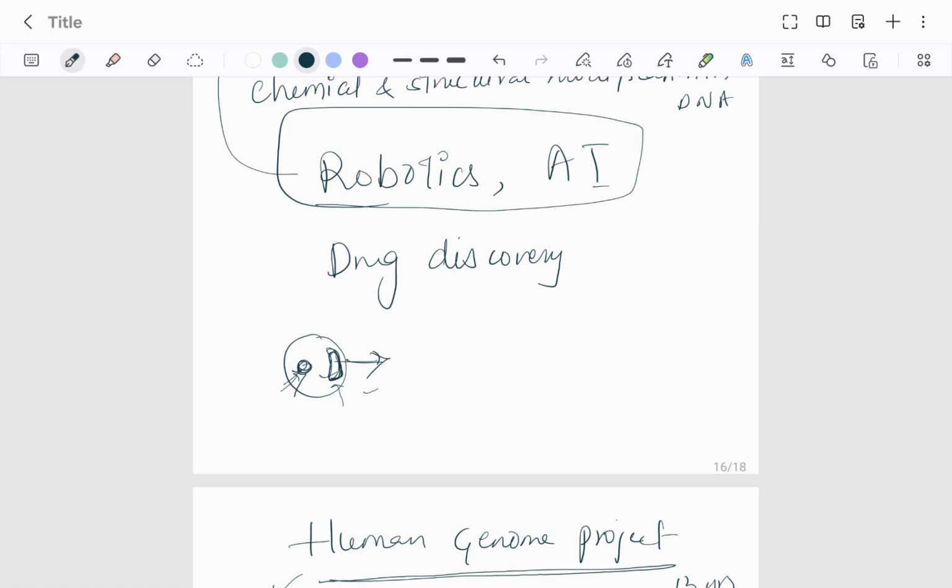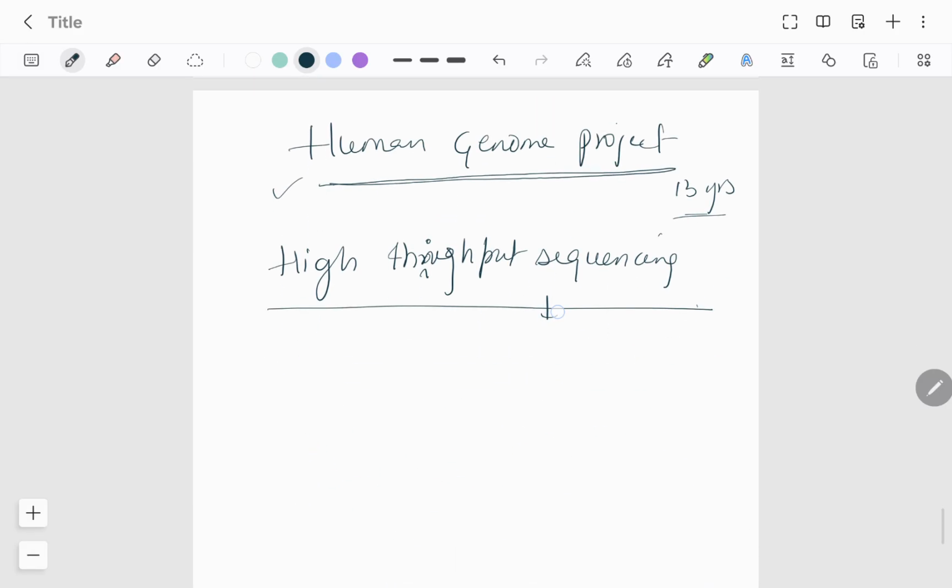So high throughput techniques are there for drug discovery, called high throughput screening, and for the sequence of nucleotides in DNA and RNA.